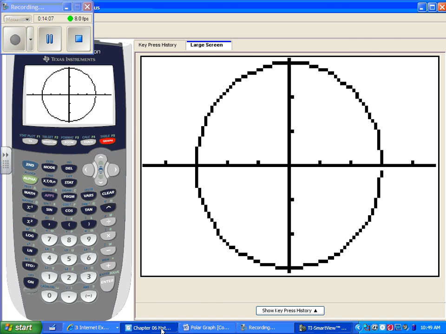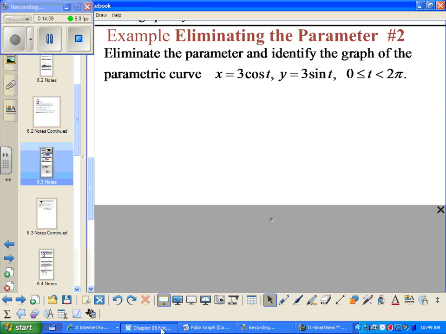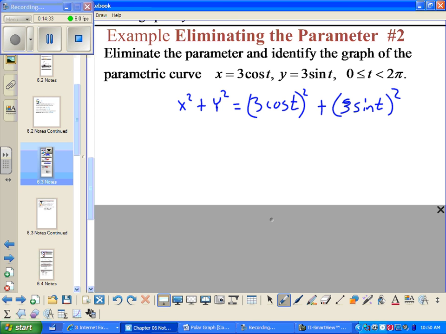Well, when I'm trying to prove that, I know that x squared plus y squared is the equation of a circle. So I'm going to plug in 3 cosine t squared plus 3 sine t squared and simplify that.